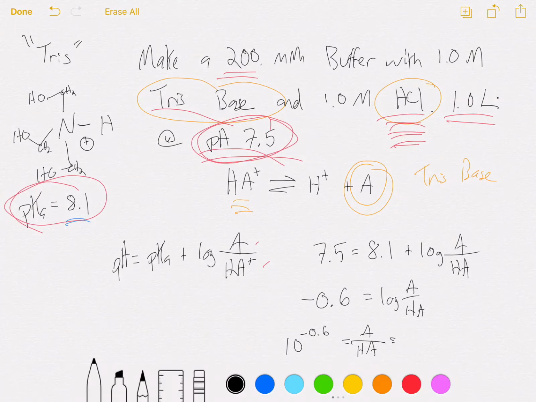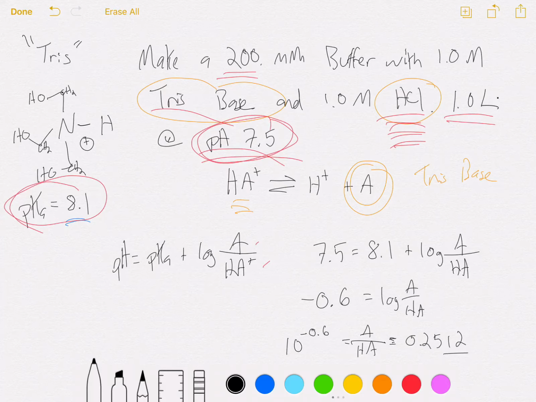So it equals 0.2512, and those digits are not significant. Again, just a good opportunity to stop and make sure this makes sense. First of all, our A to HA ratio, in order to make a buffer, has to be between 0.1 and 10. If not, it either won't work, or perhaps more likely, you've calculated something wrong.